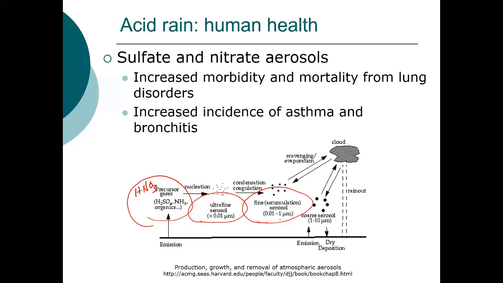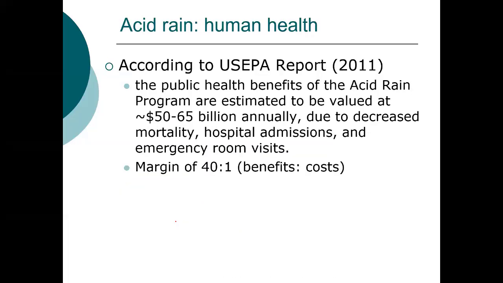You also see an increased incidence of asthma and bronchitis as a result of the release of these chemicals, the SO2 and the NOx. There have been a number of studies looking at the effects of the acid rain program.